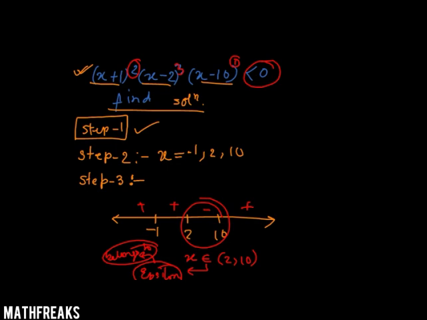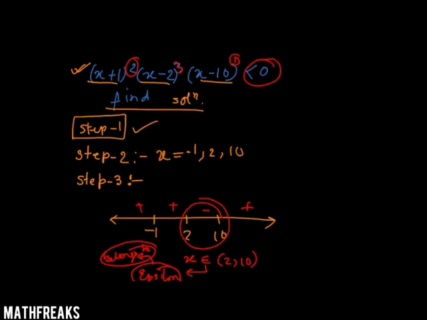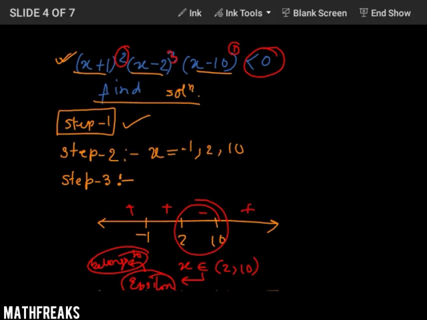Now if you doubt me, let's check one value in the negative region and see if it satisfies. So between -1 and 2, let's take 1. If we put x as 1, this will be 2 square, which is 4, multiplied by 1 minus 1, and then from here minus 1 minus 9, right?